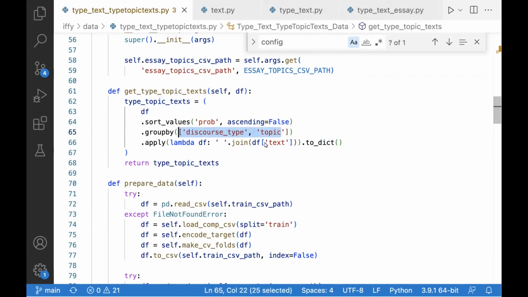Then I grab the discourse text from each of these topics and just join them up, and append that to the model input. Before doing that, I sort all the samples by their topic probability.